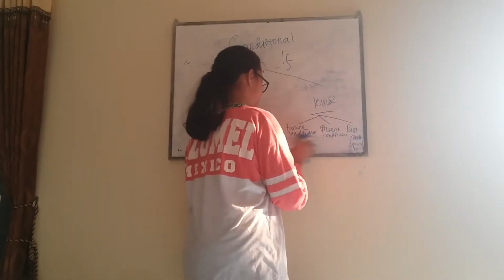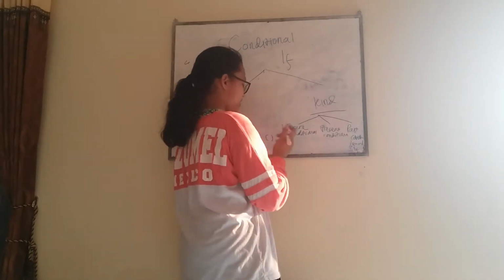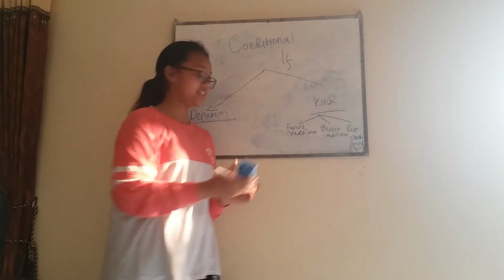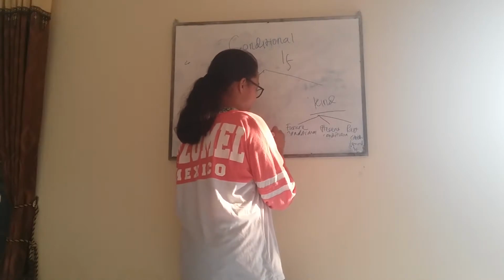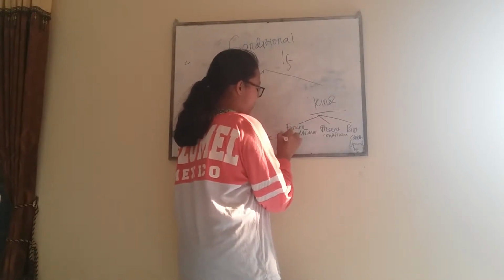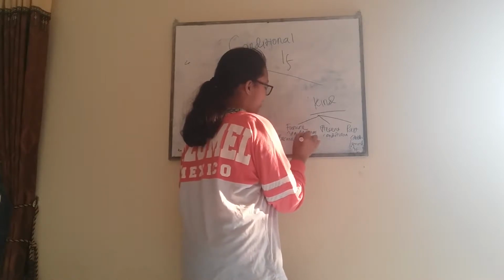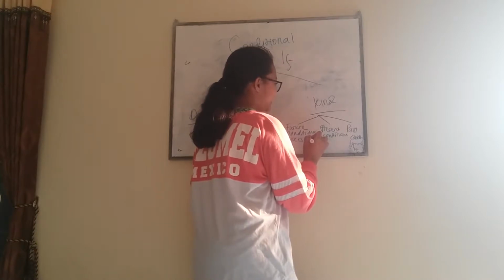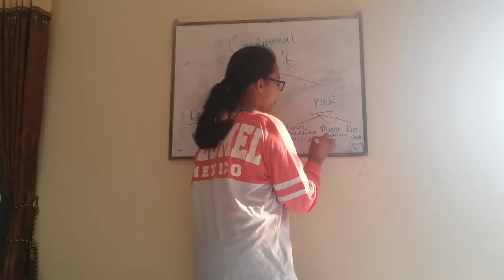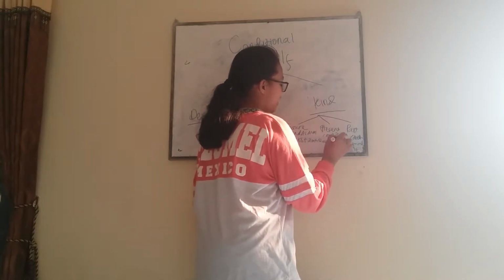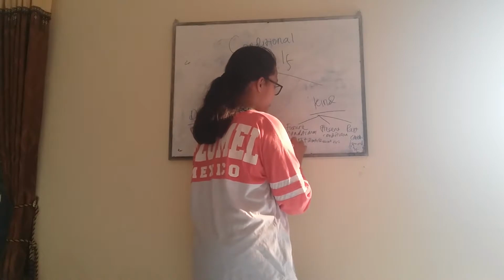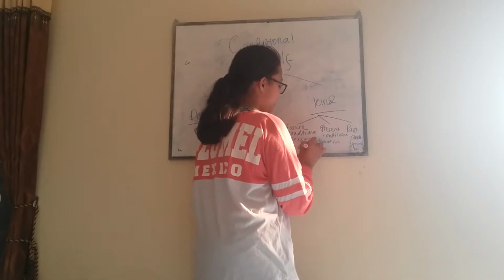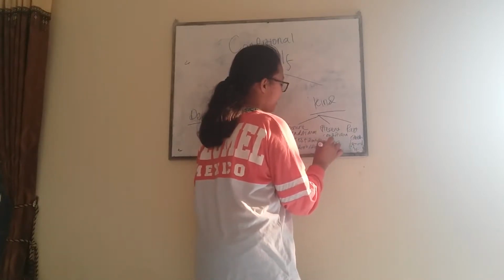And in negative, the pattern is, and real condition pattern is because plus subject plus don't or doesn't plus verb 1, so plus subject plus don't or doesn't plus verb 1.